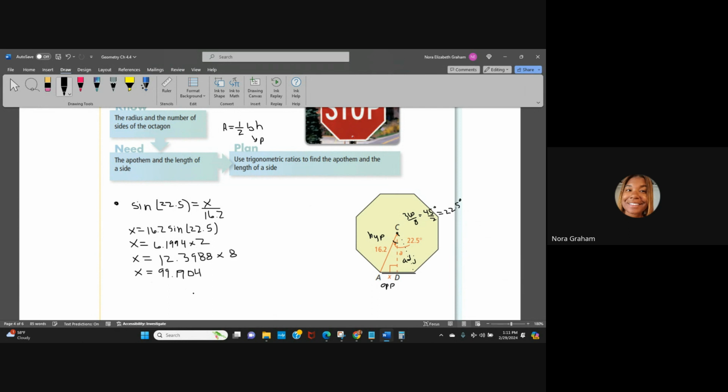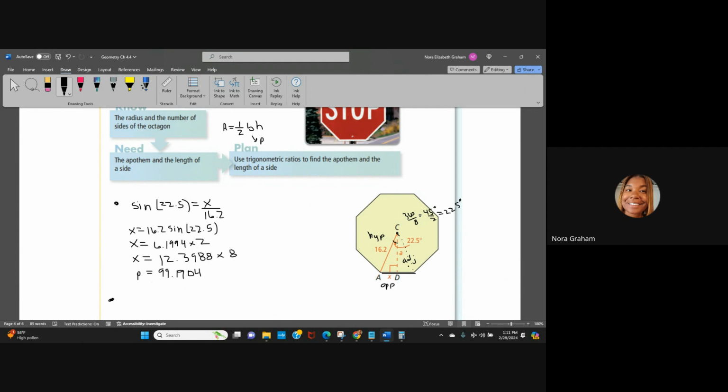Perfect. And so that's going to be my perimeter. I'm going to put that in place of my P. I'll just put P equals, just so we remember that's our P that we found, our perimeter, and that we're going to use that as our base. All right, so now that I found my base, I need to find my height.